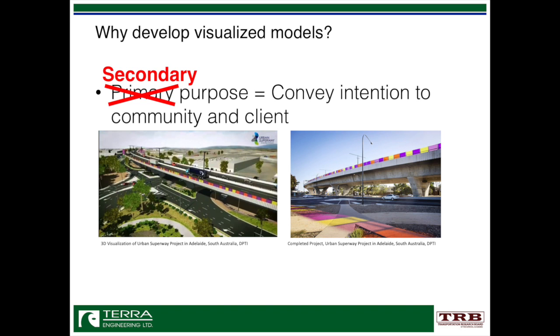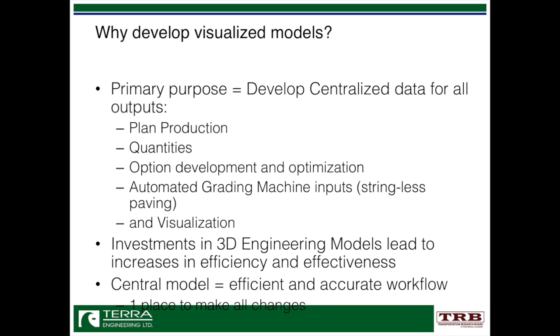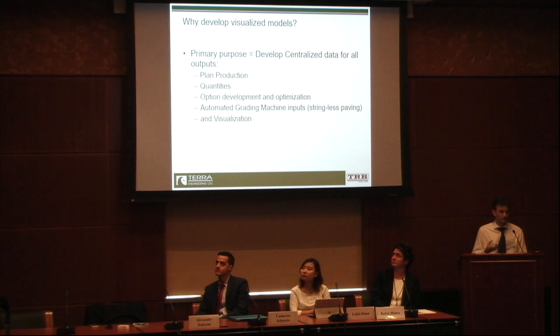So why do we build models? The primary purpose is to make a centralized data source for all the information. This way, plan production, quantities, option development, eventually automatic grading machines, and visualization is a subcomponent to that. This way, all the data can come from one source, and you're always guaranteed to get the result to be clean every single time, not the product of the visualization result.